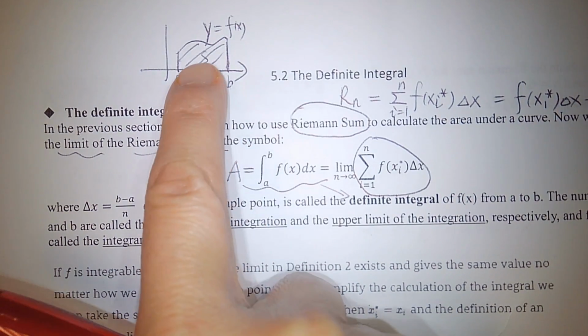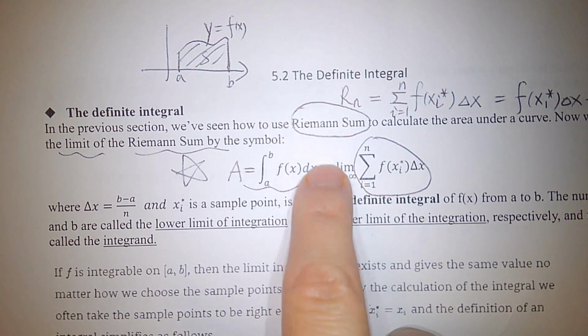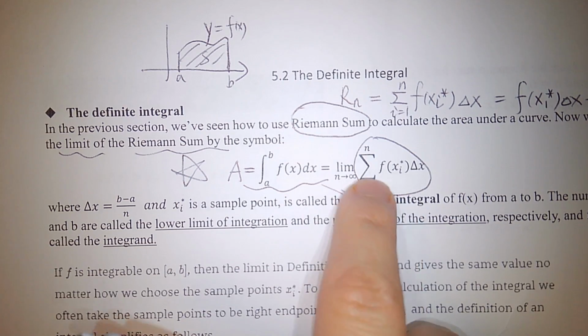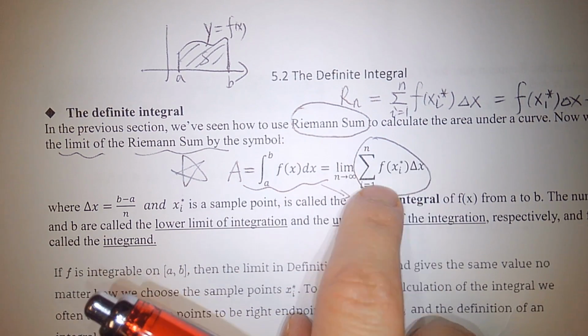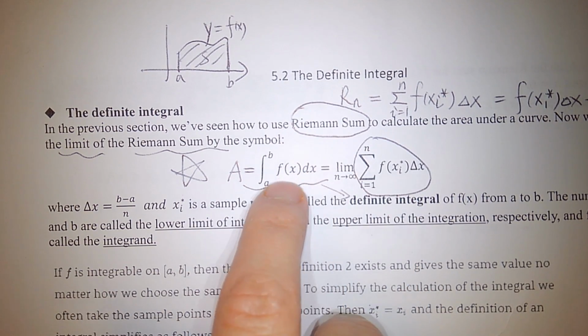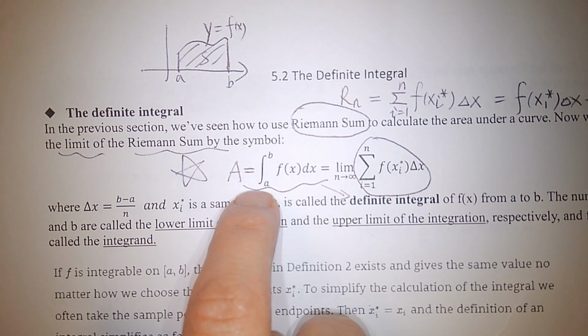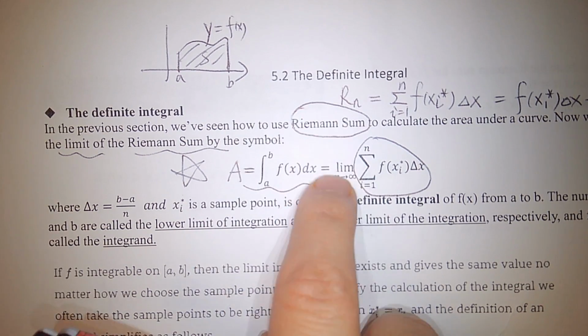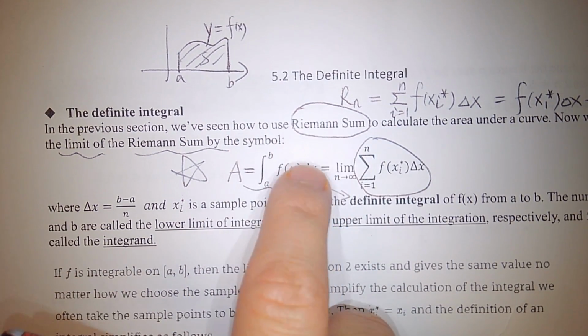The area of the region S equals the limit of this Riemann sum, and we can use a definite integral to describe this limit.